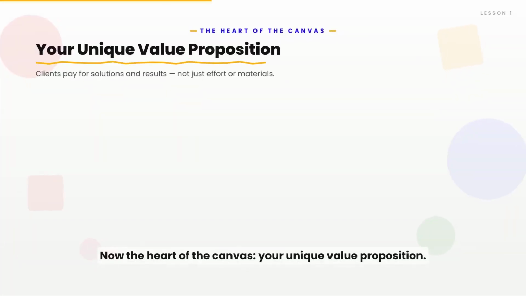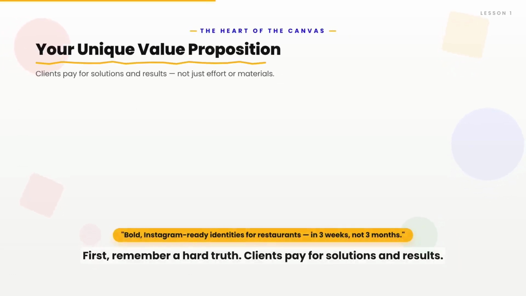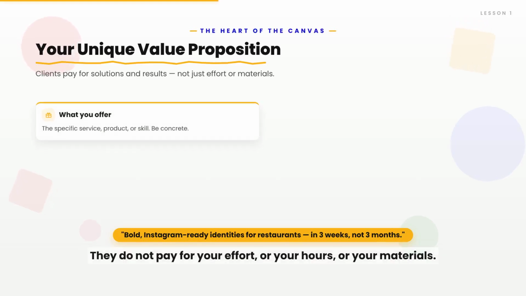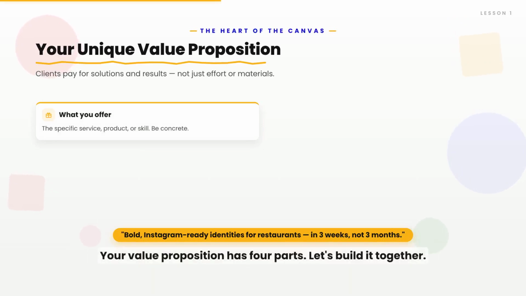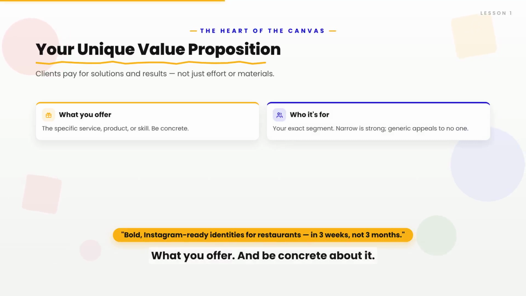Now the heart of the canvas, your unique value proposition. First, remember a hard truth. Clients pay for solutions and results. They do not pay for your effort, or your hours, or your materials. Your value proposition has 4 parts. Let's build it together. What you offer, and be concrete about it.